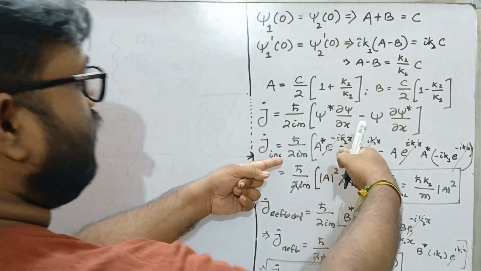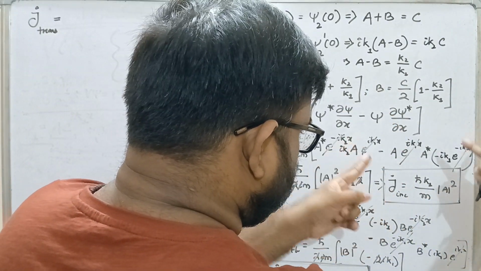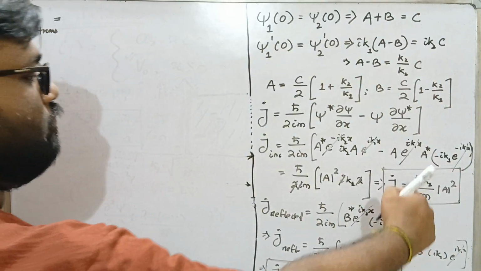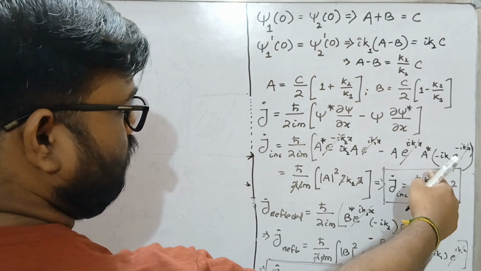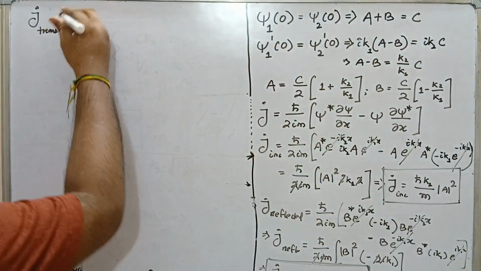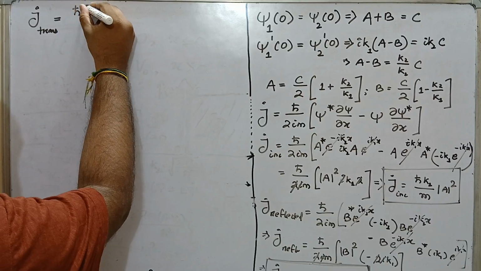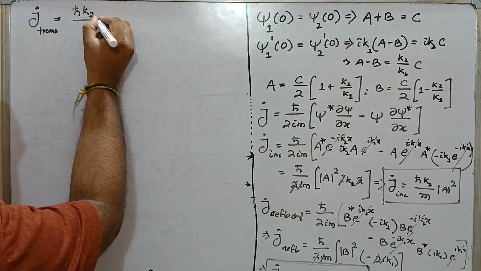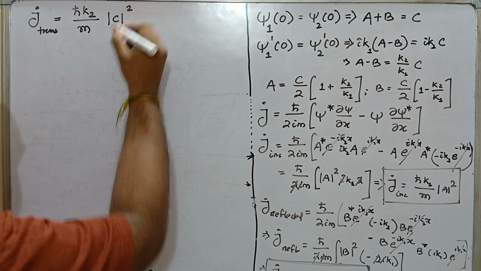So whatever we calculated in this part to be our probability current density of the incident particle, it will be exactly the same, and in the K1 place we have to use K2, in the A place we have to use C. So now we found ħK2/m times C square. Got it?